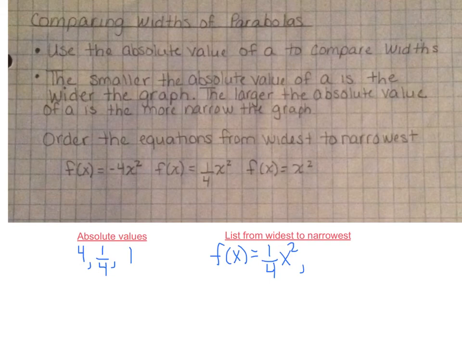Then we would have f of x equals x squared. And the most narrow would be f of x equals negative 4x squared. So the trickiest part to that is that you have to get used to the fact that the widest is actually the smallest absolute value and the narrowest is actually the largest absolute value.